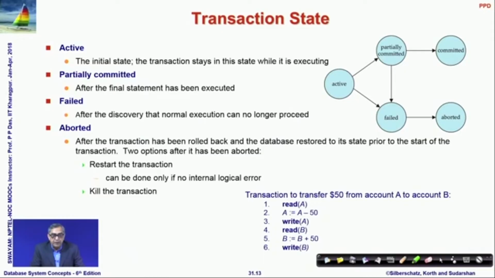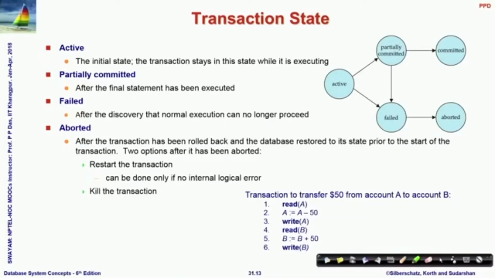Failure could have happened at the fourth instruction, and as you have already noted, A has been debited by $50 and B has not been credited that $50. So it is in an inconsistent state. If the transaction is in a failed state like this, we need to roll back and undo the changes, crediting back the $50 that was debited from A, so that we can reach a consistent state.